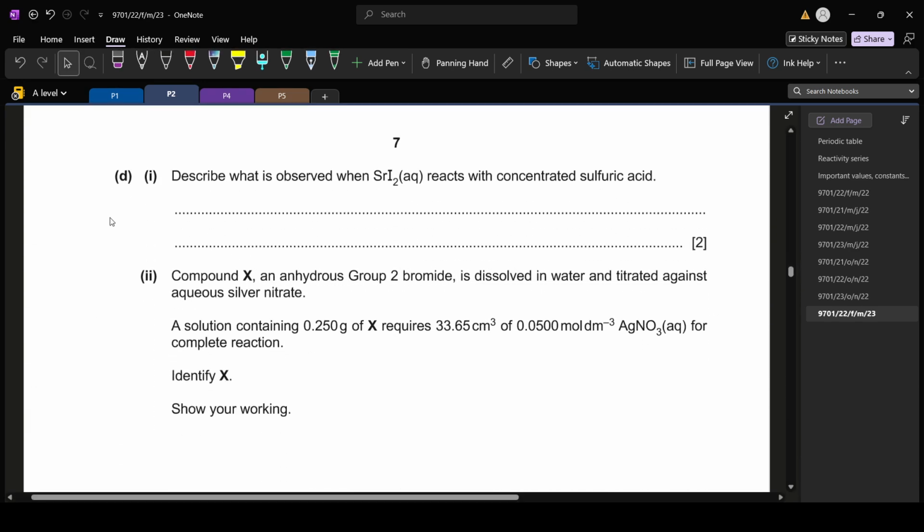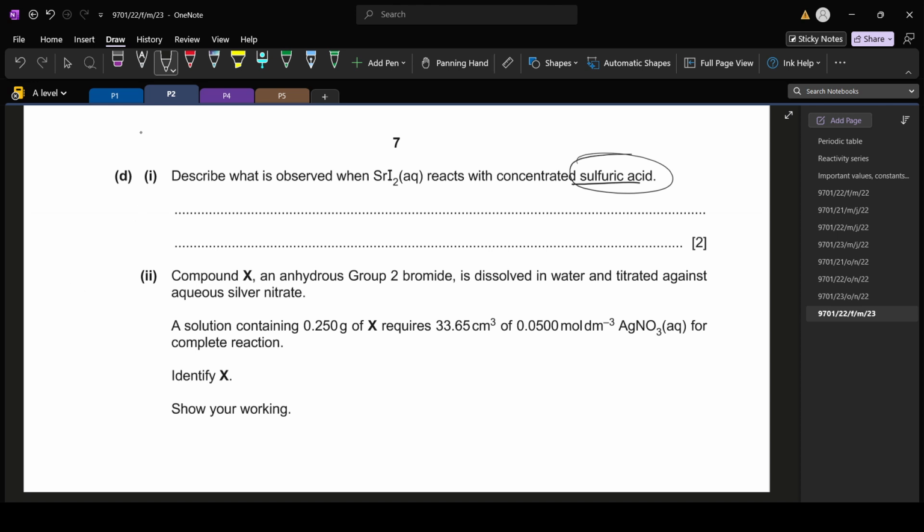Now part D, describe what is observed when strontium iodide reacts with concentrated sulfuric acid. This reaction is similar to the reaction of sodium chloride or sodium iodide with concentrated sulfuric acid.